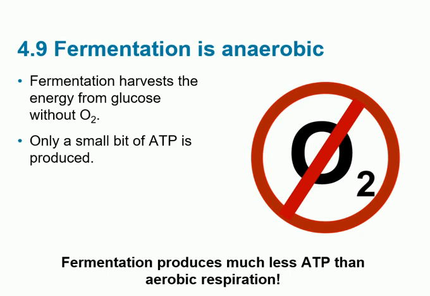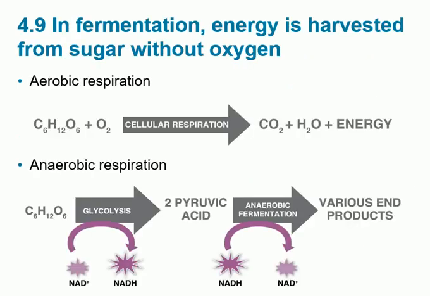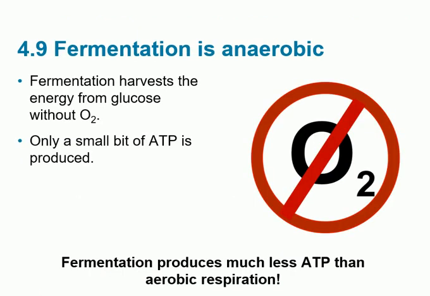Not literally, it means without oxygen. Are you making a little bit of ATP? Yes. You get 2 ATPs here from glycolysis, but that's about it. You do not do the other 2. So out of the 38, you end up making only 2. So you make a small amount of ATP, a lot smaller.